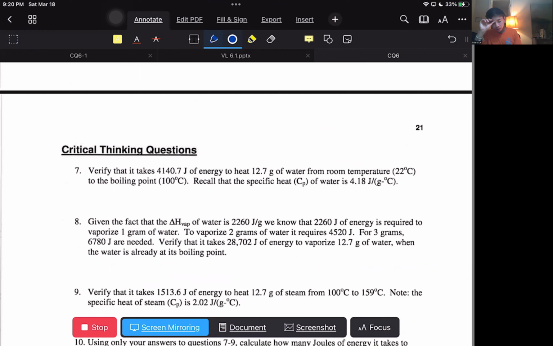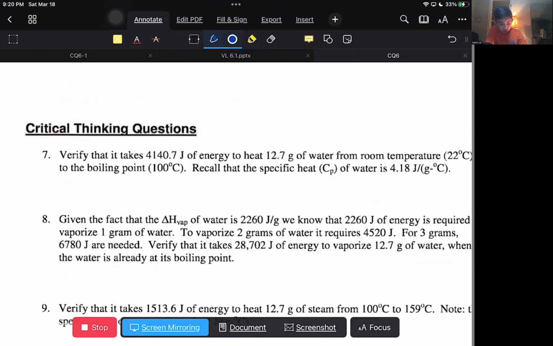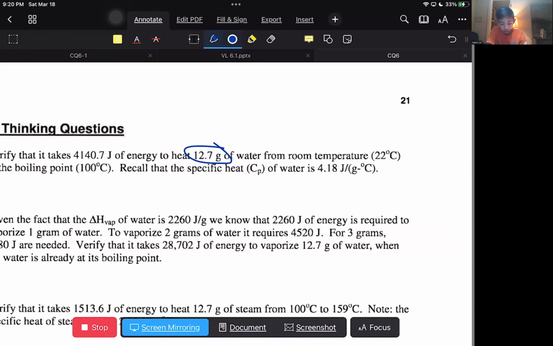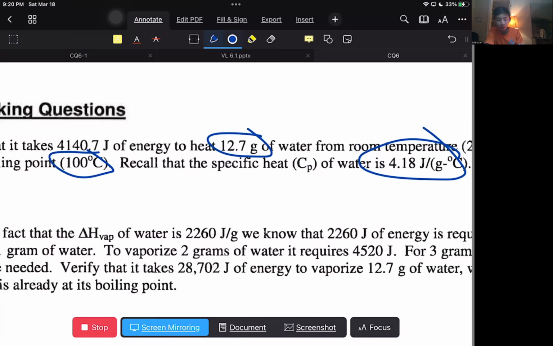Recall that the specific heat of water is 4.18. We need to verify it, since they just give me the answer. We're given grams, a temperature change, and the specific heat of water. Just like I've been saying from the beginning, we're just going to be using Q equals MC delta T.